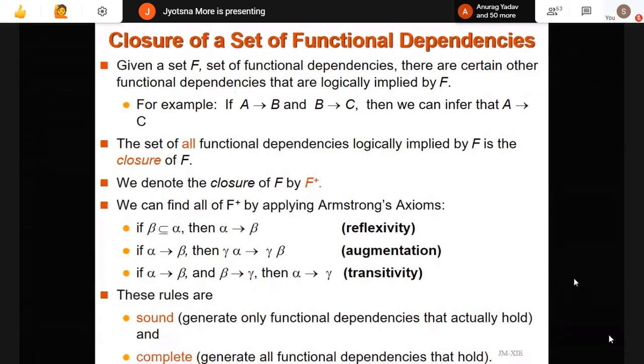Anyways, closure of a set of functional dependencies. Closure of a functional dependency set is represented like this: F plus.